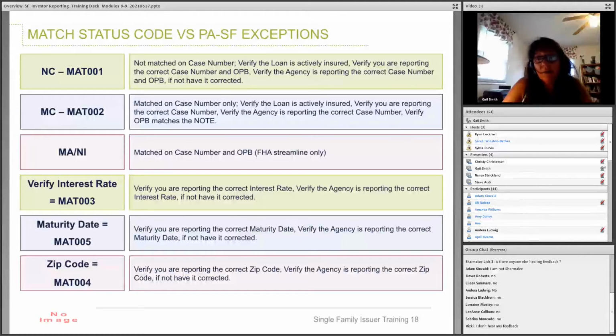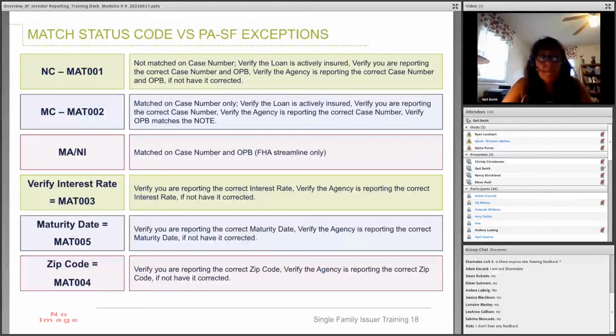Again, we could not find a case number matching what you are reporting. The MC will be a MAT 002. Again, it's an OPB issue. There could be curtailments applied. You can contact the Ginnie Mae help at Deloitte.com for further instruction.